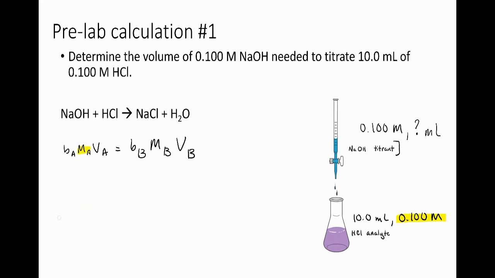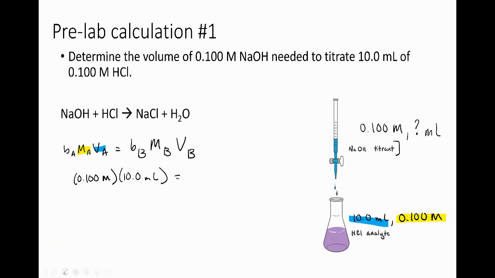So we'll pencil that in. They tell us that the volume of acid in our flask is 10 molar. Or it's not 10 molar, 10 milliliters. Sorry about that. All right, we're saving the B spots for now.